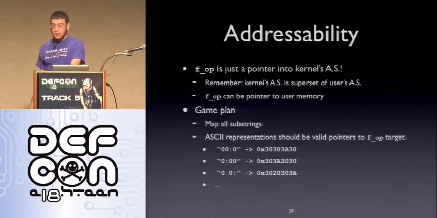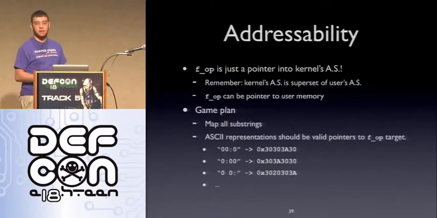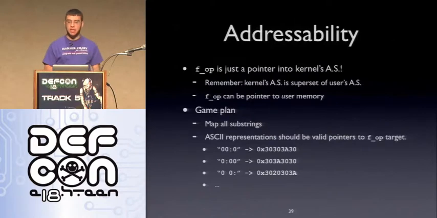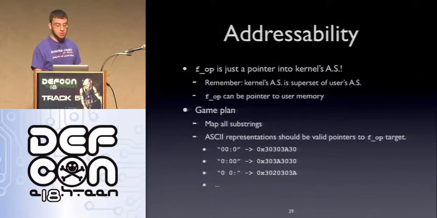FOP is just kind of a pointer into the kernel's address space. It's dereferenced by the kernel, and since the kernel thinks that it controls it, it usually doesn't do any checking on it, and that's okay, because the kernel is supposed to be controlling this.